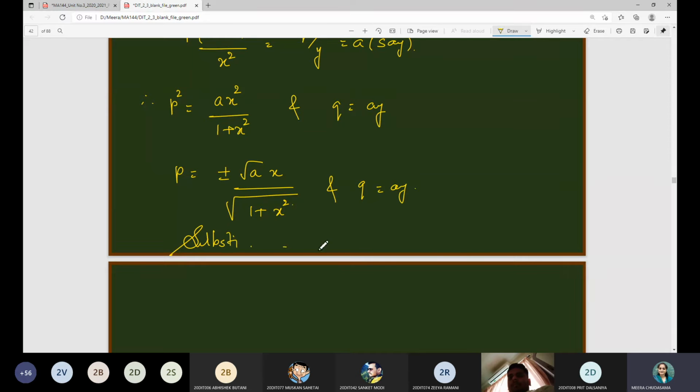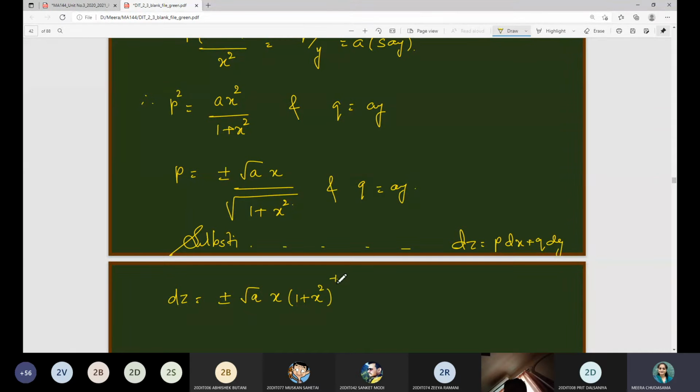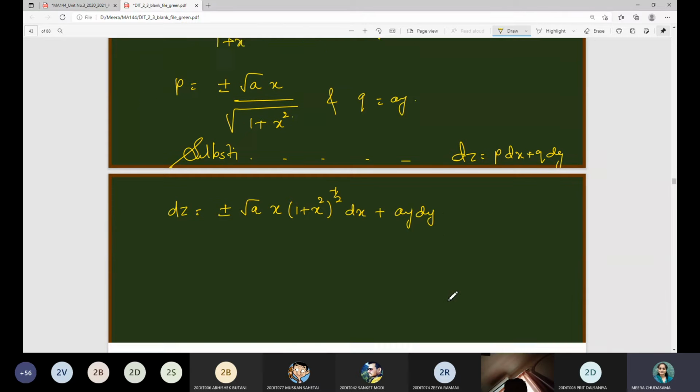Substituting these values in dz is equal to p dx plus q dy, we get dz is equal to plus or minus square root of a x. I will write that expression with the square root as this one, so it would become easy while integration, right? Plus a y dy.